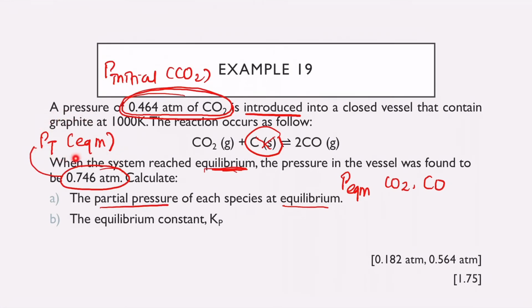After drawing the ice table, after putting information in your ice table, you can use the pressure at equilibrium for carbon dioxide and carbon monoxide to find the value of X. So after you find X, you can find the partial pressure of each of the gases. Alright? And then after you find that, you can find Kp. Okay? So that's the answer. So you can do it by yourself and check it.